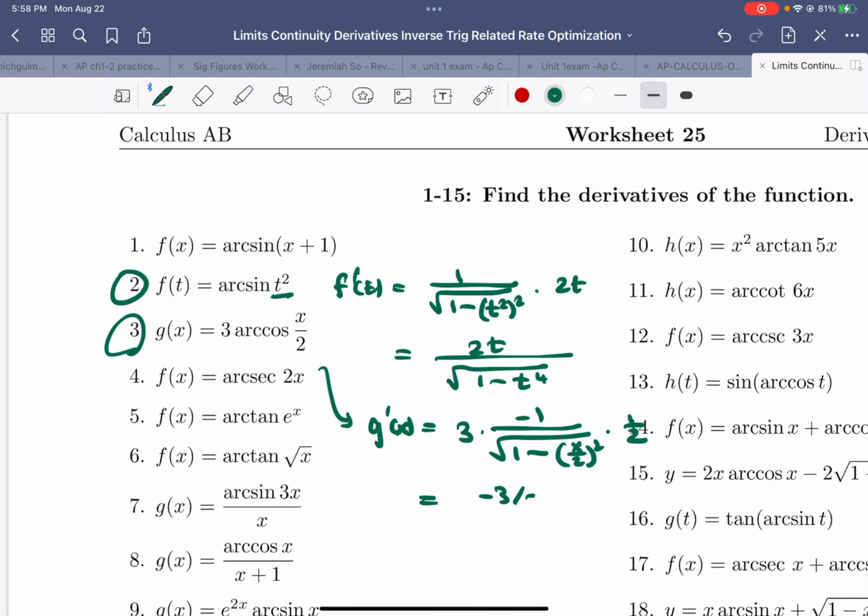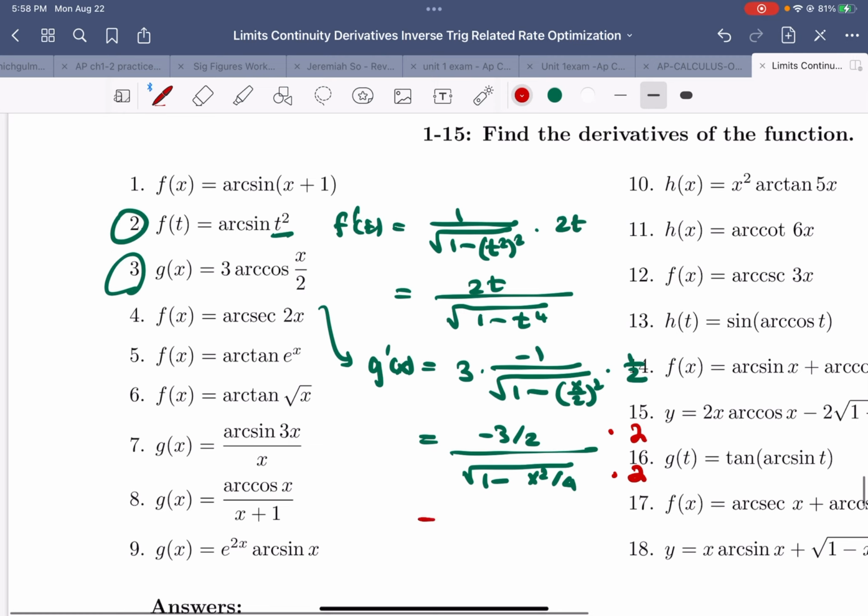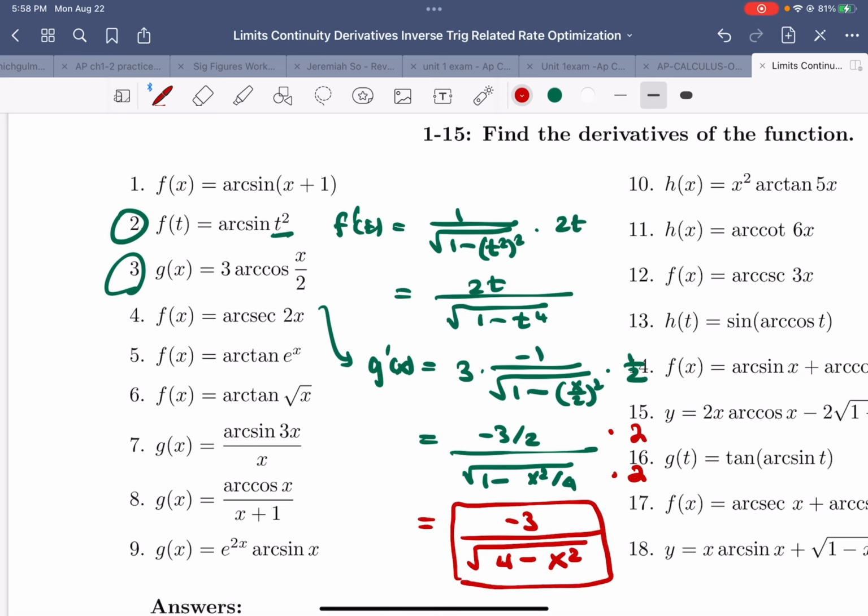So negative 3 halves over root 1 minus x squared over 4. Now, let's multiply top and bottom by 2. You're allowed to do that. Then you can get rid of the fraction over fraction. So just negative 3 on the top. In the bottom, multiply by 2 means inside the square root, actually you multiply by 4, right? So then square root of 4 minus x squared over 4 times 4 will be just x squared. So that's your final answer.